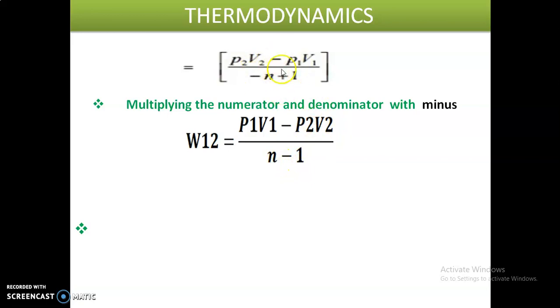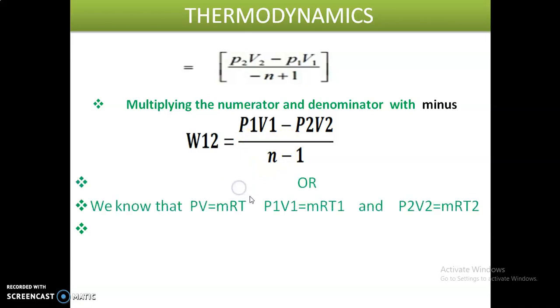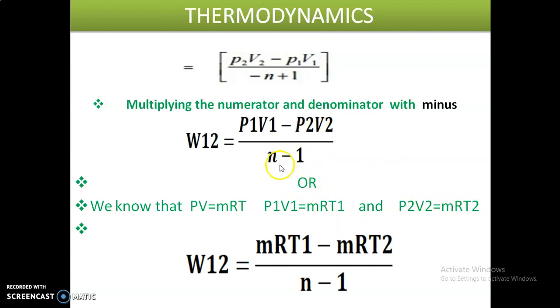We also know the gas equation PV is equal to MRT, so P1 V1 is equal to MRT1 and P2 V2 is equal to MRT2. In place of P1 V1 substitute MRT1, and in place of P2 V2 substitute MRT2. If we substitute these values, we get W12 for the process equal to MRT1 minus MRT2, divided by n minus 1.